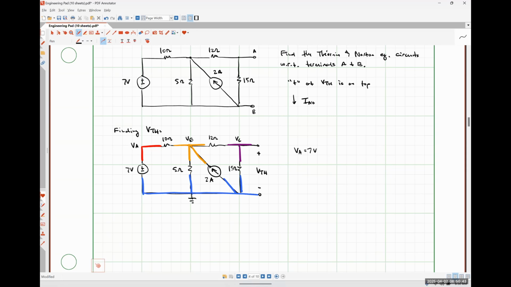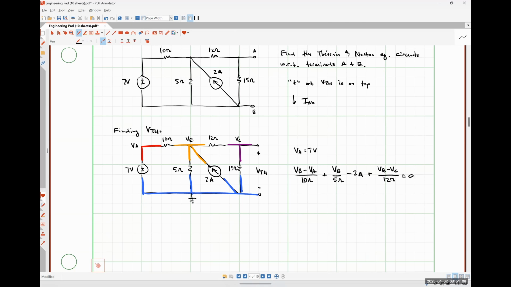So VB minus VA over 10 ohms is my first term, plus VB over 5 ohms, minus 2 amps, is equal to 0.